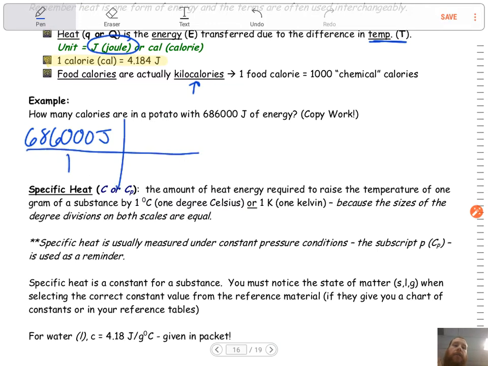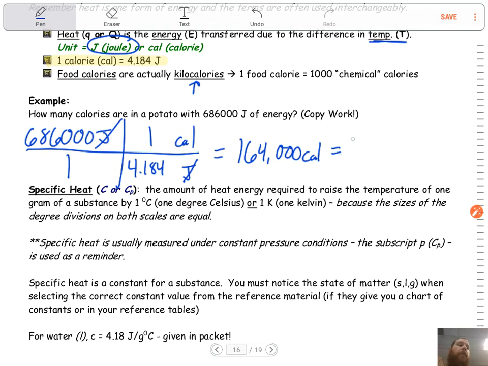I'm going to round to the correct sig figs, which would be 3. 164,000 calories in that potato. Again, these are chemical calories, not food calories, which are kilocalories. So if we convert that to what we would think of in a potato, there's about 164 kilocalories in it.